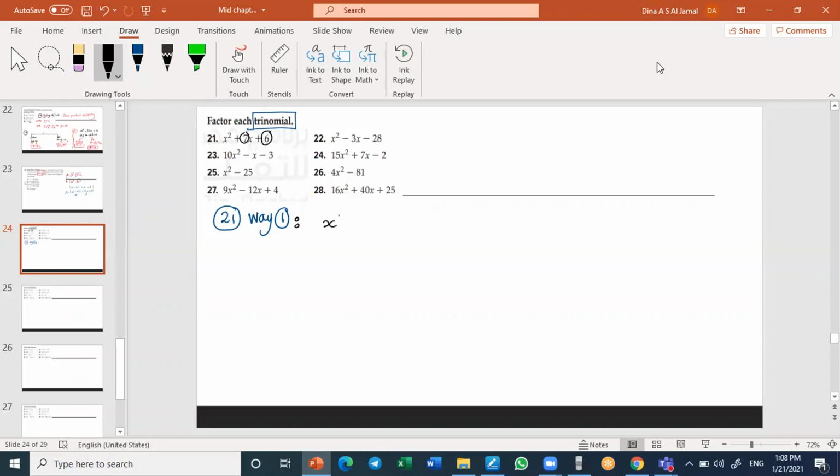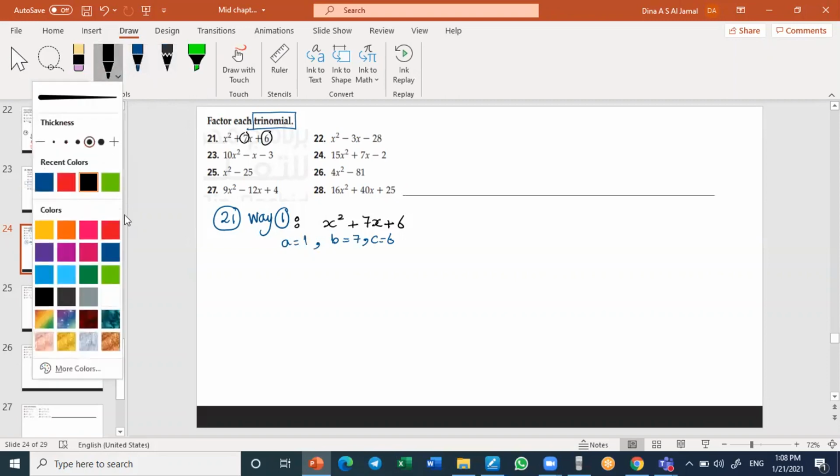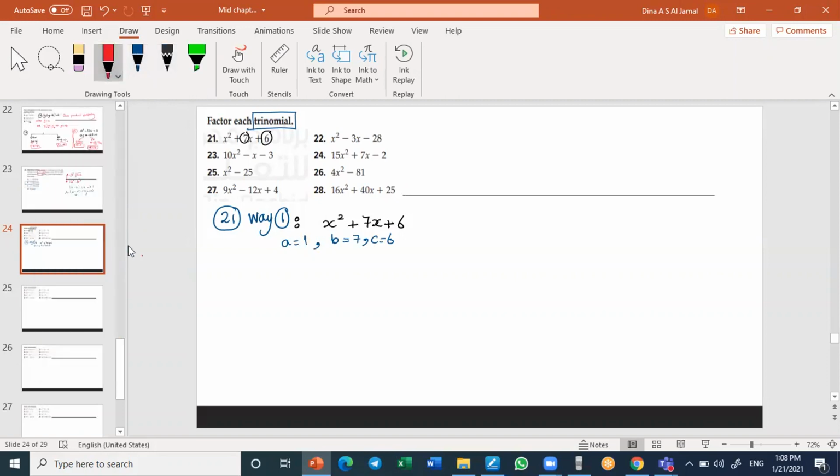So put it in front of you, x squared plus 7x plus 6. That means my B is 7, my C is 6, and your A already, you know what it is, 1. So now let's focus on this. I want two numbers. If I multiply them by each other, they will give me 6.